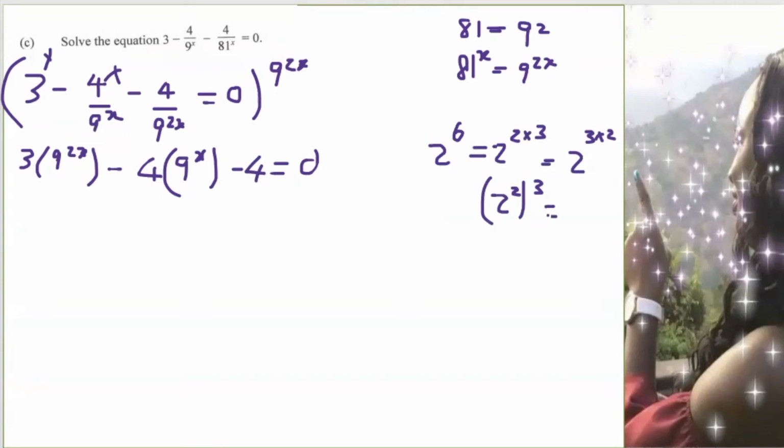I can also rearrange the power, so I have the 3 inside and the 2 outside. That means I will have 2 to the 3 inside my bracket, and then outside the bracket I will have the 2. So the arrangements that I've shown are the same 2 to the 6. That's what I'm going to do here with 9 to the 2x. I can rewrite 9 to the power 2x.